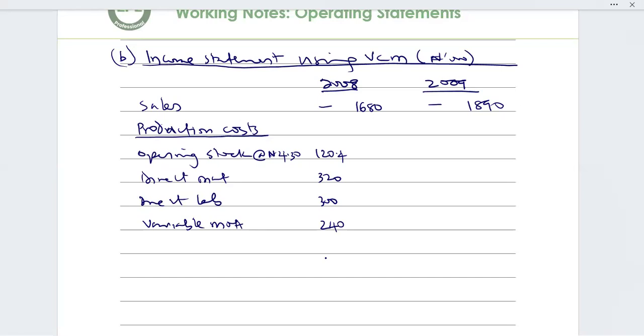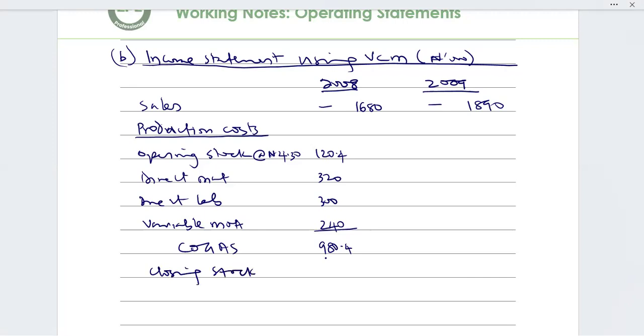So at this point, I will add up everything together. 120.4 plus 620 plus 240 gives 980.4. This is the COGAS, cost of goods available for sales. After this, we need to less closing stock.